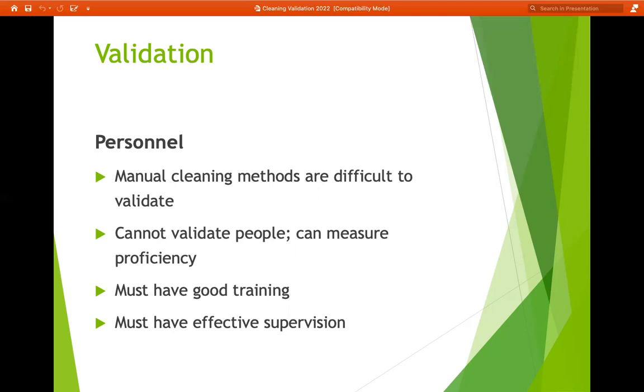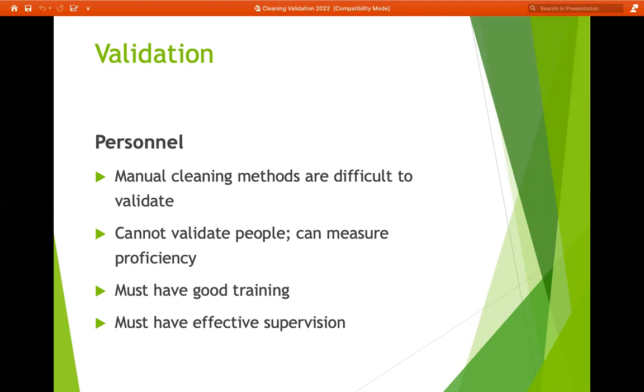Must have effective supervision. It's not like every time we have to believe in the operators. Our operators are 10 years, 20 years working with our factory, and we are believing in that. Not like that, because effective supervision must be there, so that they shall not change the procedure of the cleaning on their own. They shall not change the cleaning agent. They shall not change the cleaning method.